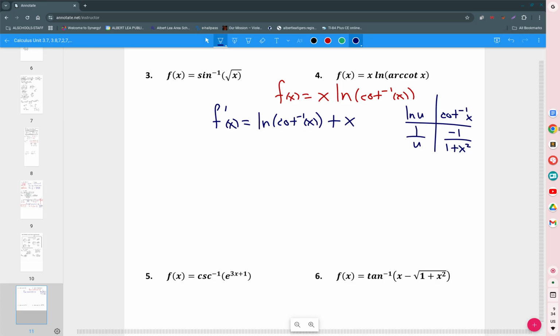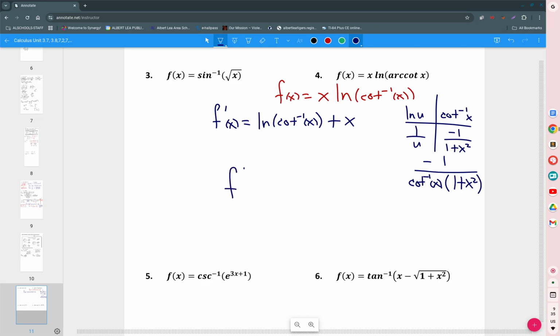Okay, so I'm gonna multiply these together and I get a negative 1 over cotangent inverse of x times 1 plus x squared. That's the derivative of natural log of cotangent inverse. And now I have to multiply that to the x.